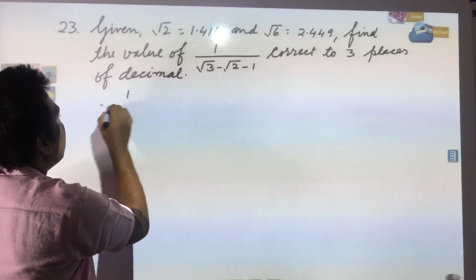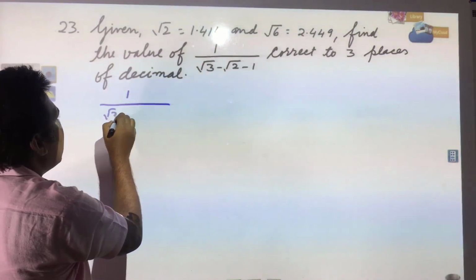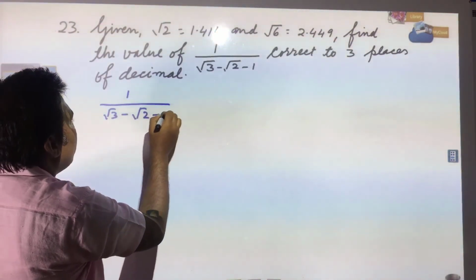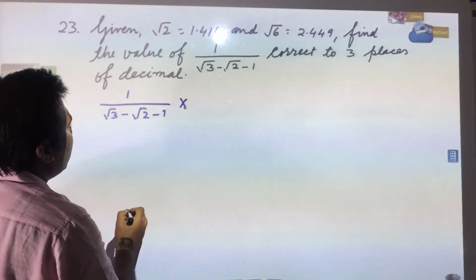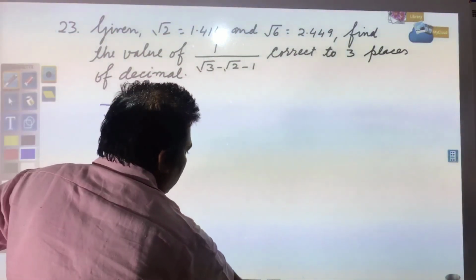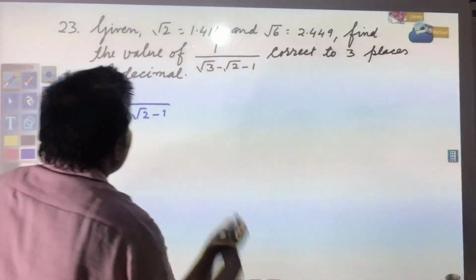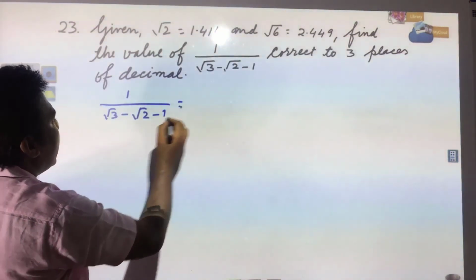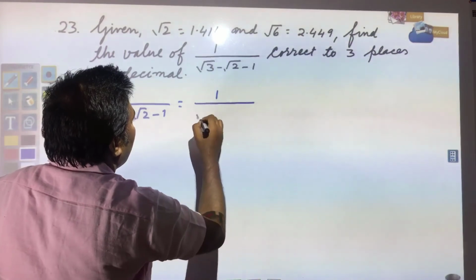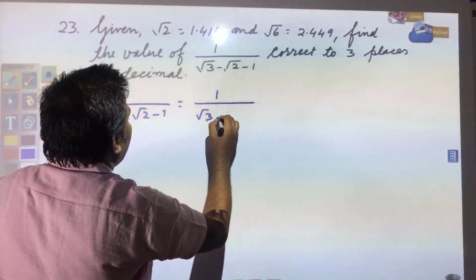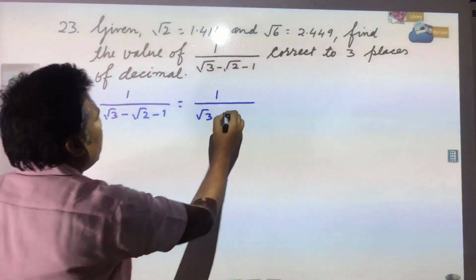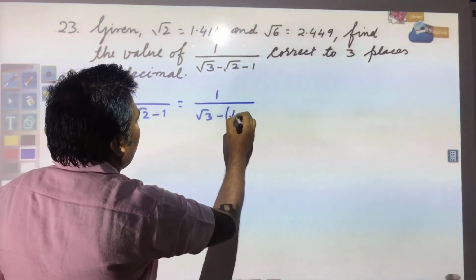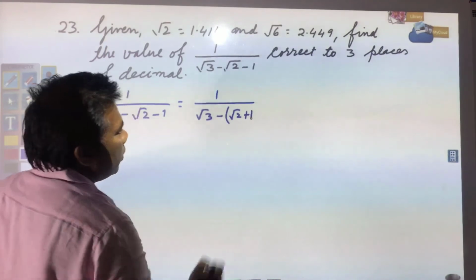You have the term 1 by root 3 minus root 2 minus 1. So, here you see what is needed to be done. This can be written as 1 by root 3 minus, if you take minus common from this, you will get root 2 plus 1.